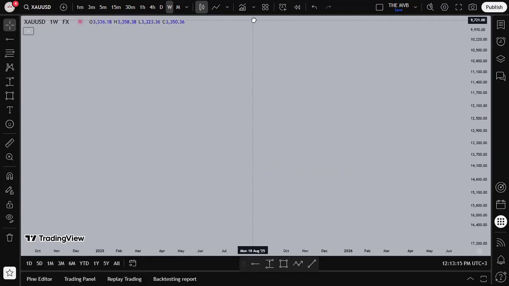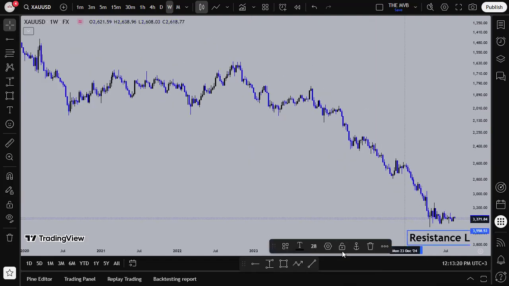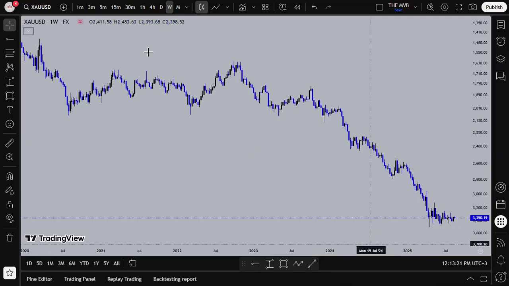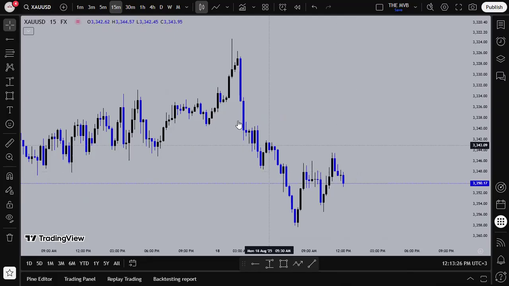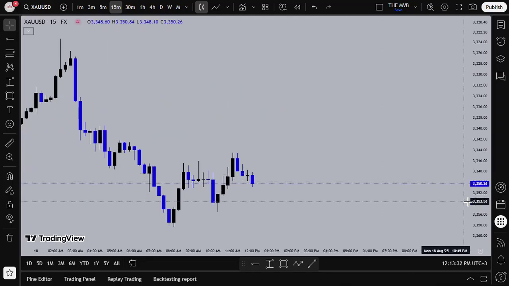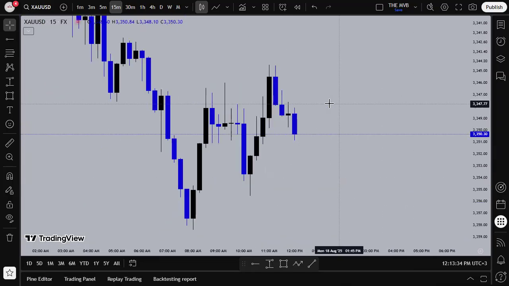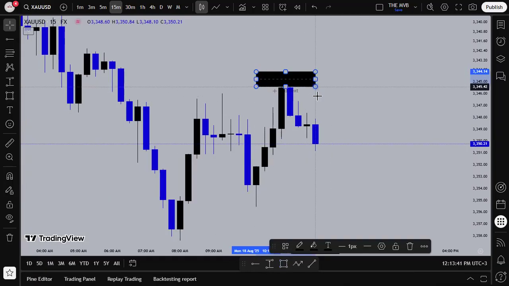So let's go to the chart and we can see some examples. For example, today, you can see the market created a strong level here.